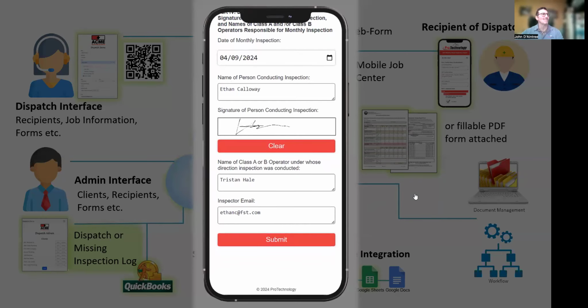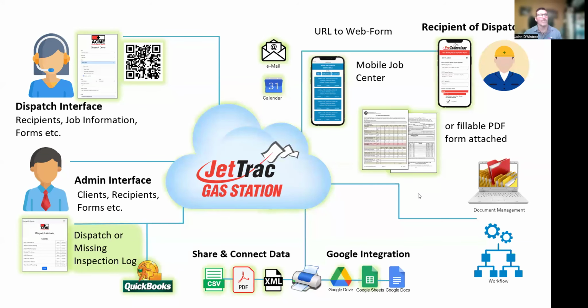We can then kick off that workflow, generate the document package, put it into Google Drive or some kind of document management system, and populate the PDF of the PEI form or the state form, so that it's ready to go.